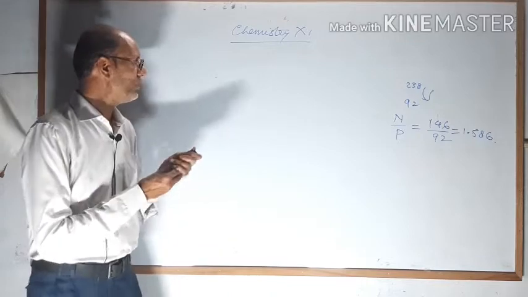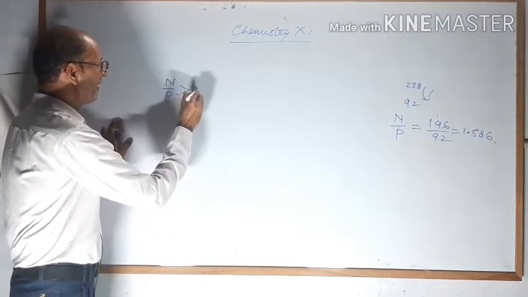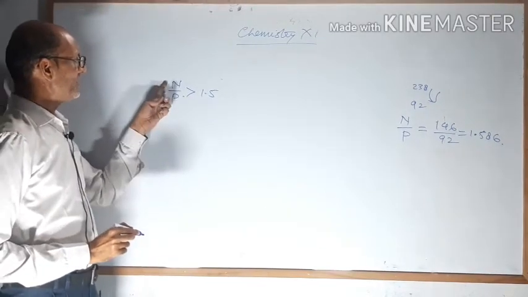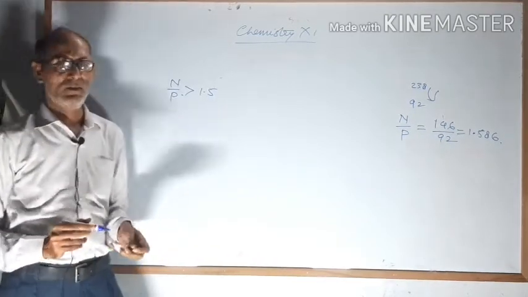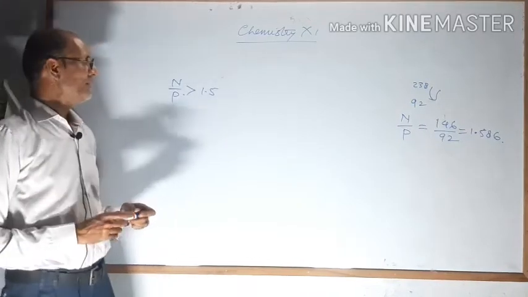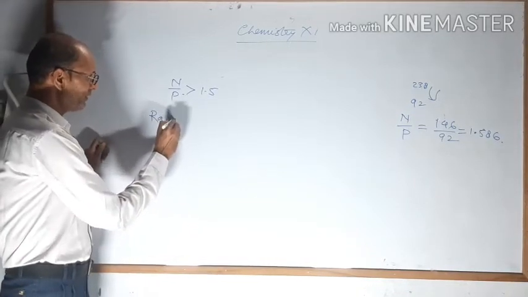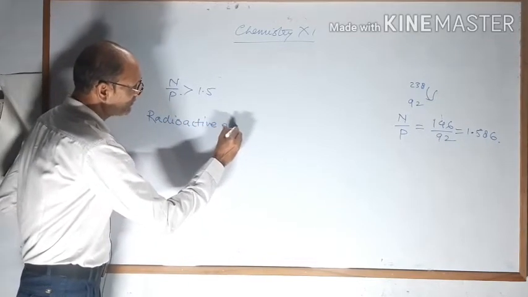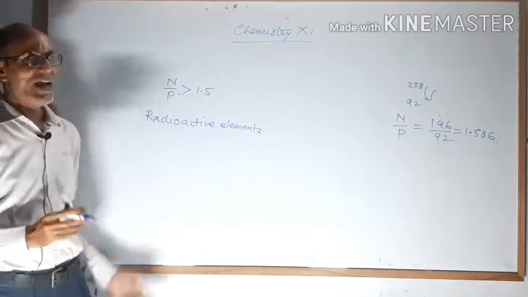If the N upon P ratio is greater than 1.5, that means if we divide neutron by proton and get the answer 1.5 or more, they are called a special category of element. They are called radioactive elements. And this will happen in heavy atoms.